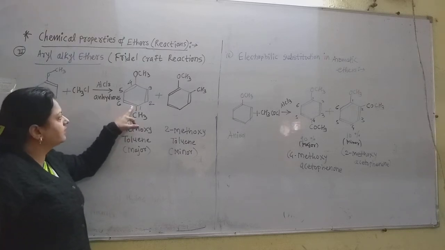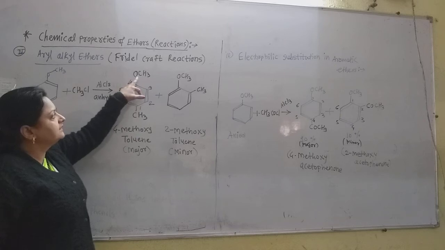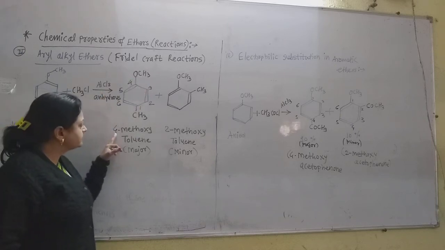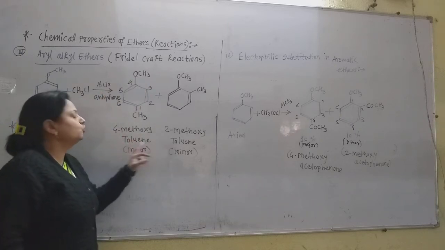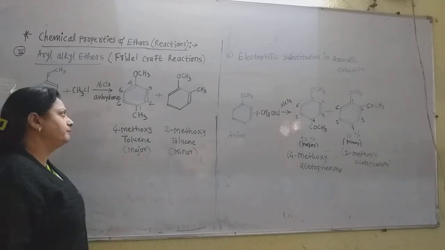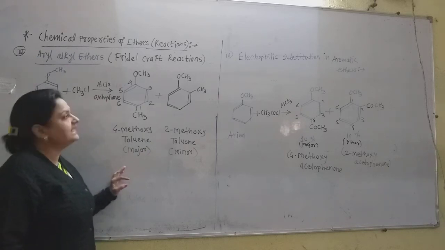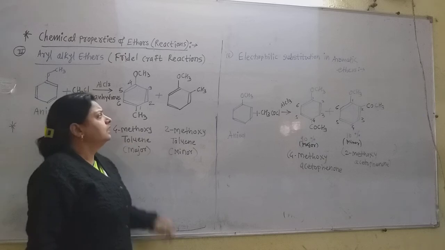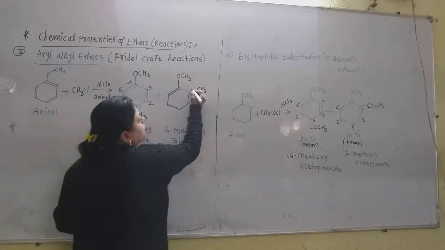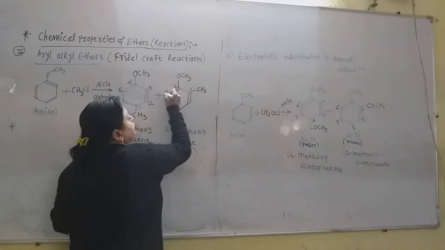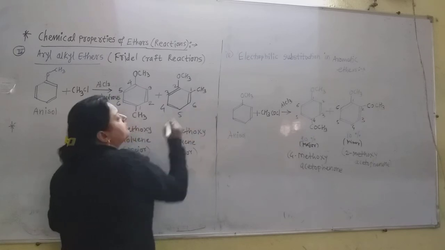At the 4th position is the methoxy group, so it is 4-methoxytoluene. This is the major product because here steric hindrance is less. Here numbering is from this side, 1, 2, 3, 4, 5, 6. This is the minor product.